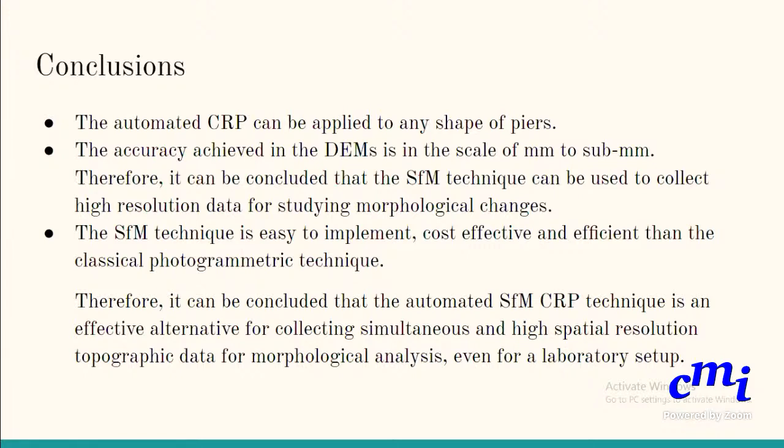Therefore, it can be concluded that the SFM technique can be used to collect high resolution data for studying morphological changes. The SFM technique is easy to implement, cost effective, and more efficient than classical photogrammetry techniques. So we can use it even in a laboratory setup or any kind of setup.